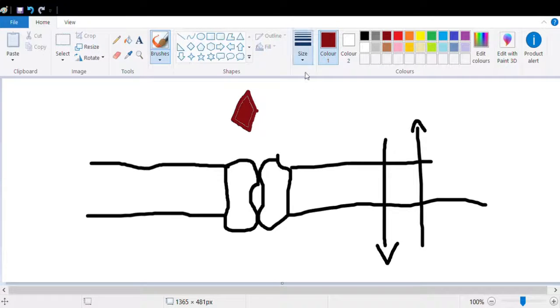There are two kinds of proteins: integral and peripheral. The proteins in the red color make up the integral and peripheral proteins.